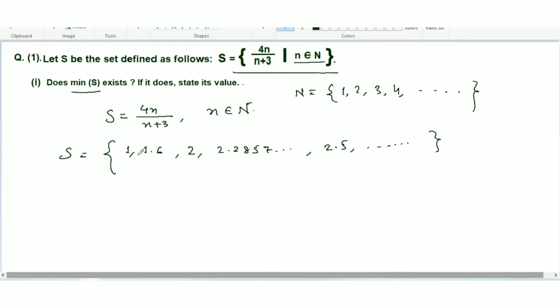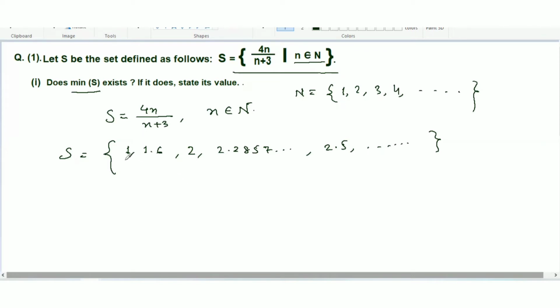Clearly you can see the first number is 1. The second number is greater than 1, which is 1.6. The third number is greater than 1.6, which is 2. The fourth number is greater than 2, which is 2.2857, a decimal number, and then the next one is 2.5. Clearly all the numbers are greater than 1, and each number is greater than its previous number.